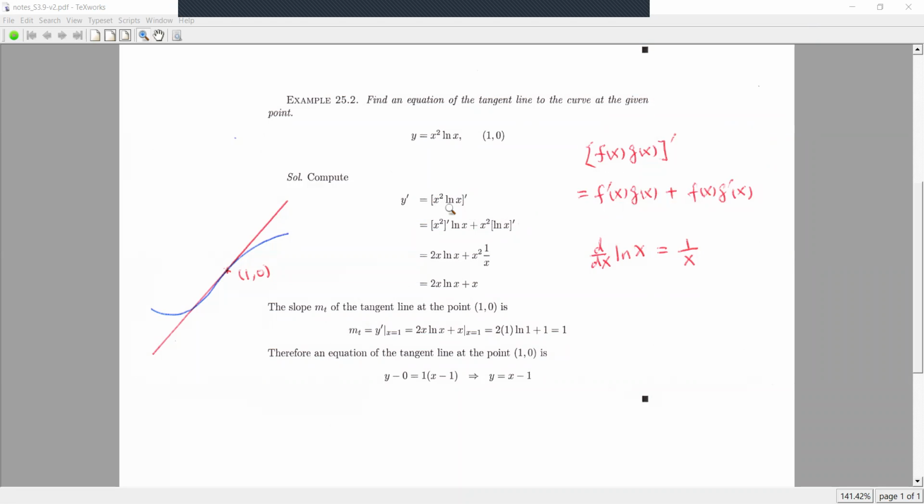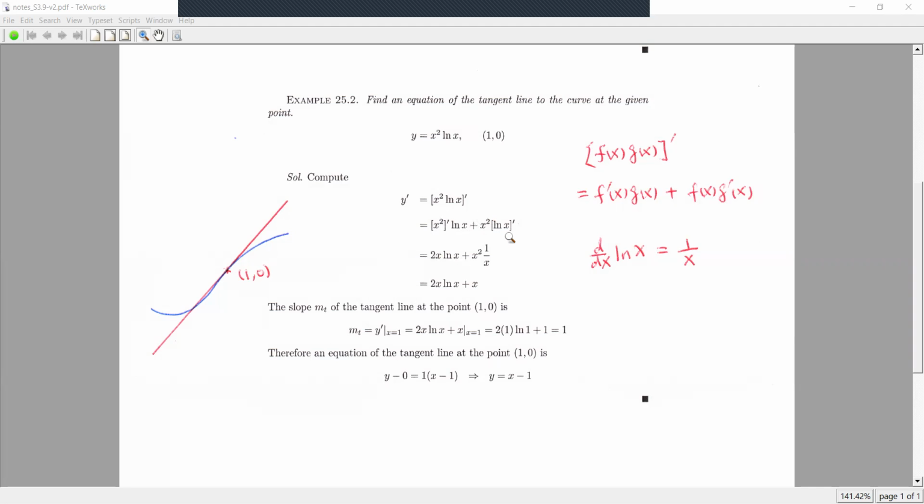By the product rule, this derivative is equal to the derivative of the first function times the second function plus the first function times the derivative of the second function. The derivative of x squared by the formula for power functions is 2x.